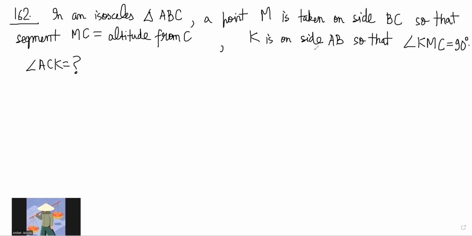Sir, what is lateral side, sir? What is the meaning of lateral? I don't know. Did you check the dictionary? Yes, sir. I checked Google, sir. It says the side which is not equal to the other two sides.